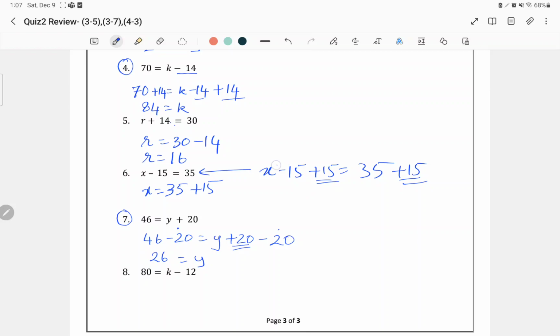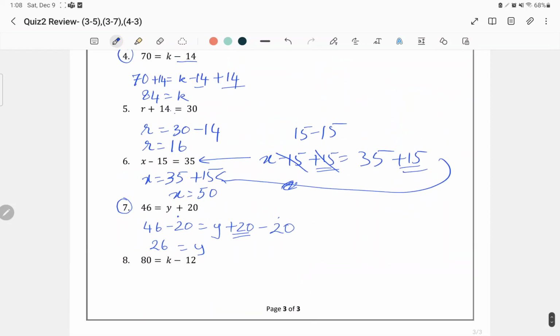My negative 15 plus 15 is 0. So what I get here finally is x equals 35 plus 15, and x equals 50.